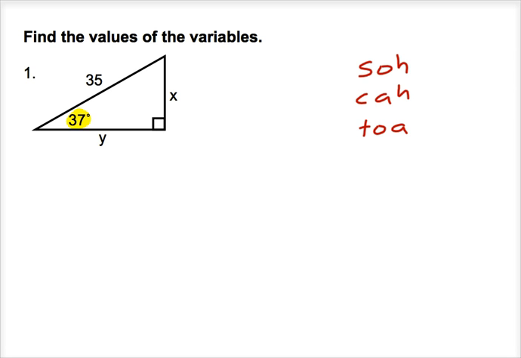If I'm trying to find the x value, which from the 37-degree angle happens to be the opposite, and I have this 35 up here, which is the hypotenuse, I'm dealing with the opposite and the hypotenuse. So I'm using the sine function. The sine of 37 degrees equals the opposite x over the hypotenuse 35.